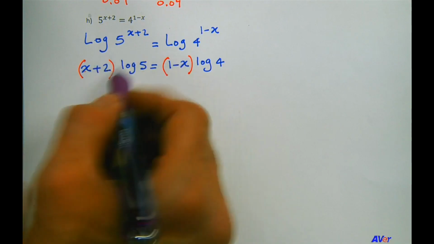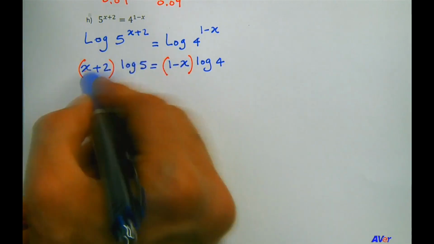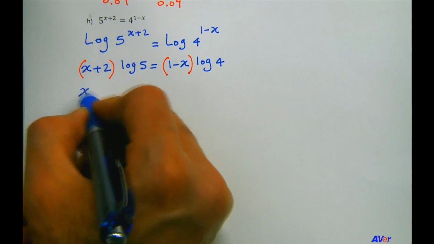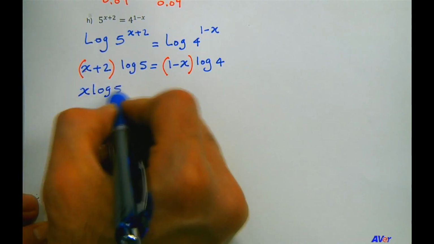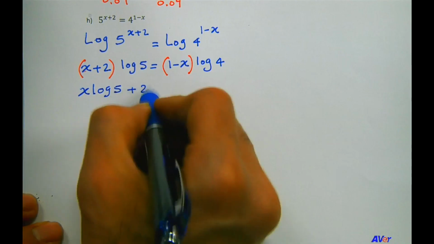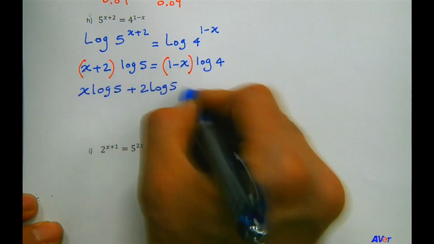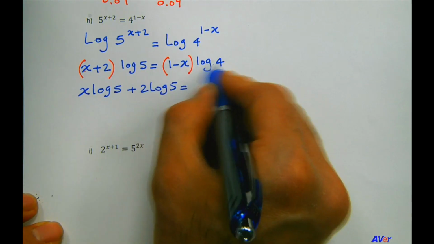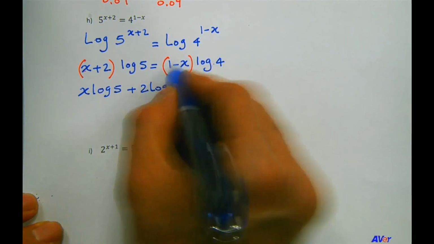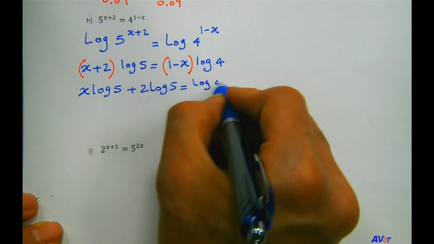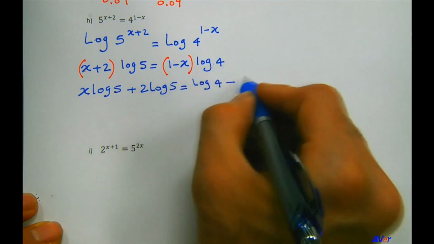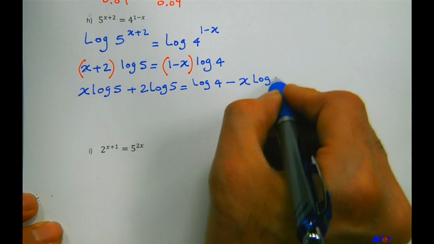Okay, so now let's distribute log of 5 to each term. So we have x log of 5 plus 2 log of 5, right? Log of 5 distributes itself to both terms. On this side, log of 4 times 1 is log of 4, minus x times log of 4.